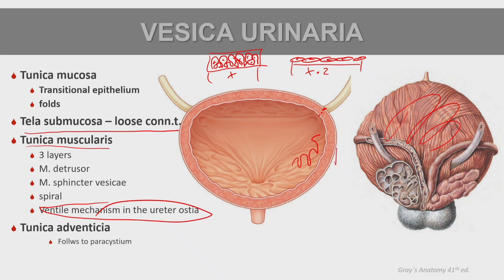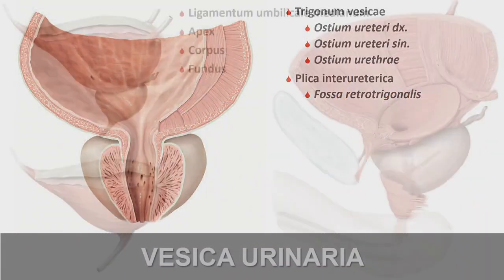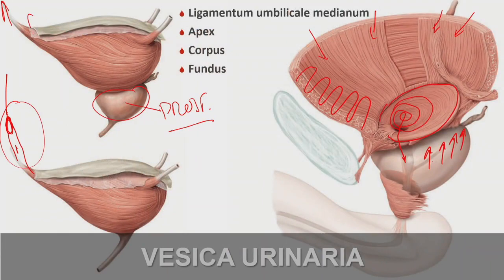Outside is connective tissue on the surface, tunica adventitia, which follows to paracystium. Paracystium is a loose connective tissue surrounding the urinary bladder. But I go back to this image. I have said that the urinary bladder is mainly localized in preperitoneal space.